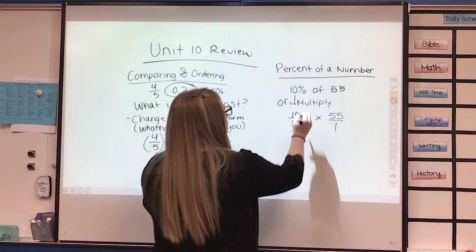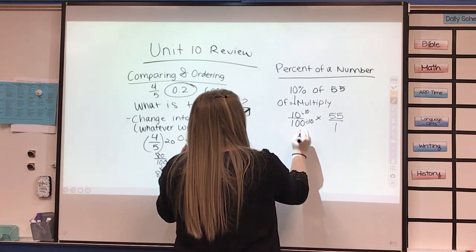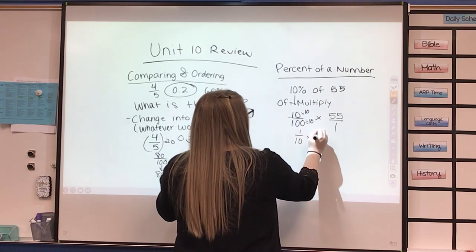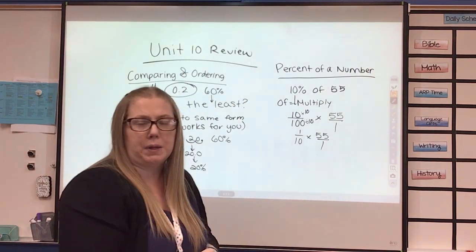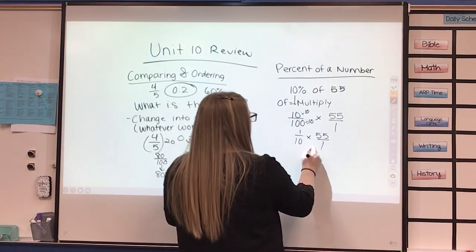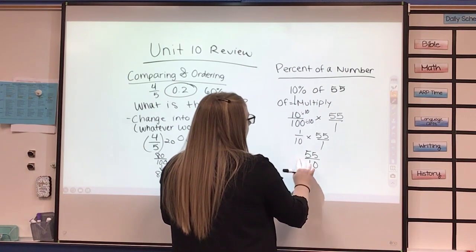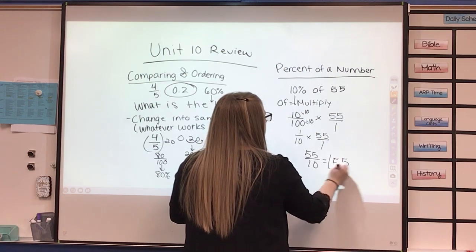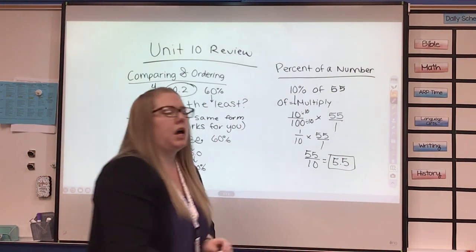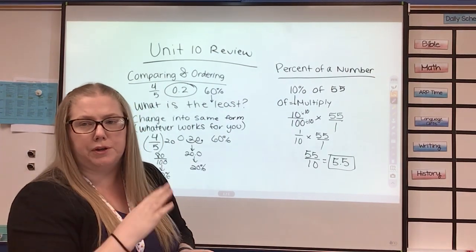So I'm going to divide this by 10, this by 10. So now I have 1/10 times 55 over 1, which is a lot easier to multiply. So 1 times 55 is 55, 10 times 1 is 10. I'm going to divide this, which equals 5.5. So 5.5 is 10% of 55. Okay, and that's all I'm going to do.